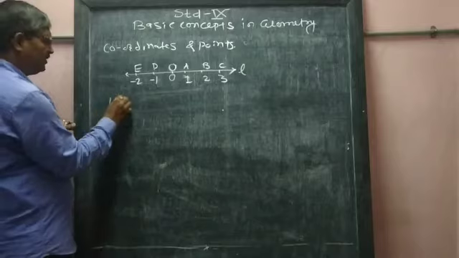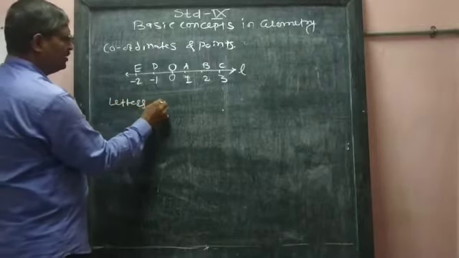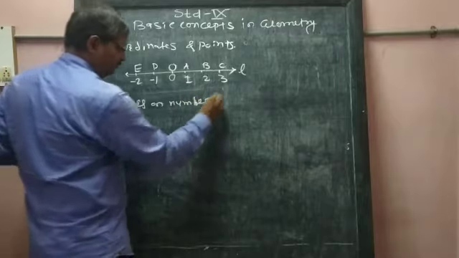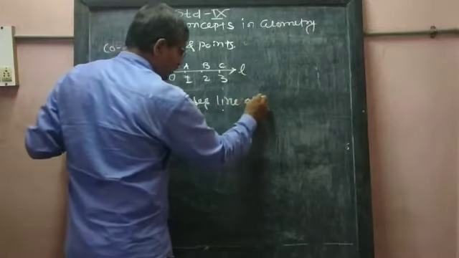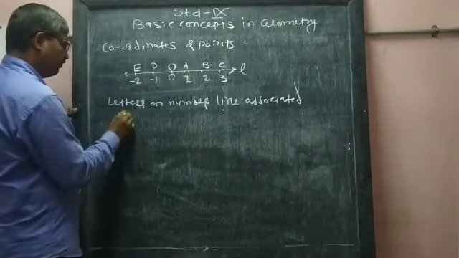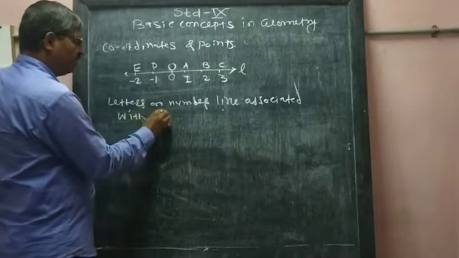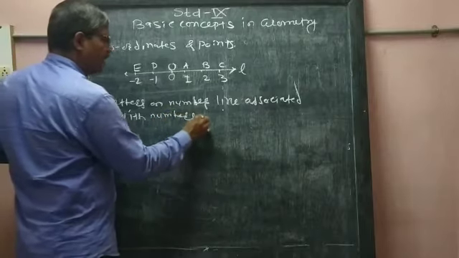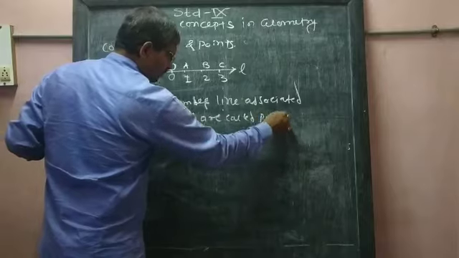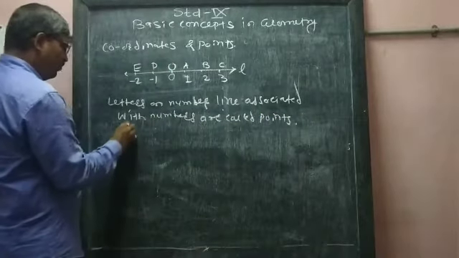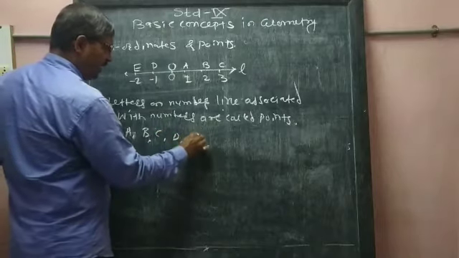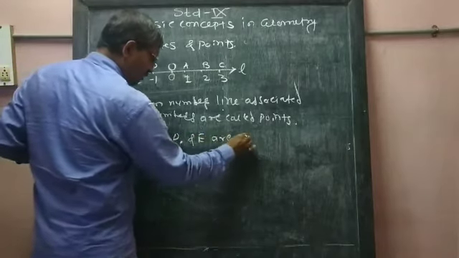Means letters on a number line associated with numbers are called points. Therefore A, B, C, D and E are called points.